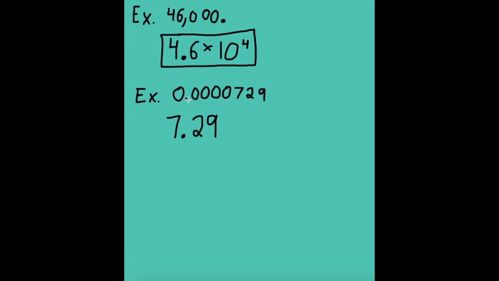And since 0.0000729 is less than 1, we will be raising 10 to a negative power. Therefore, 0.0000729 in scientific notation is 7.29 times 10 to the negative 5th power.